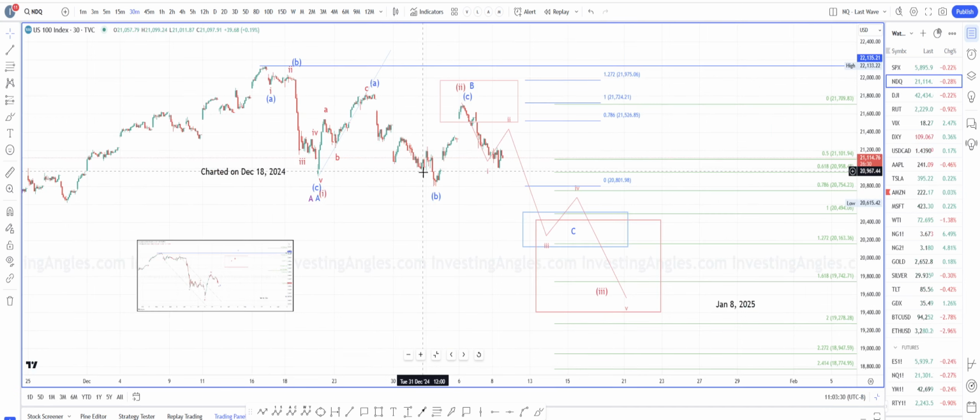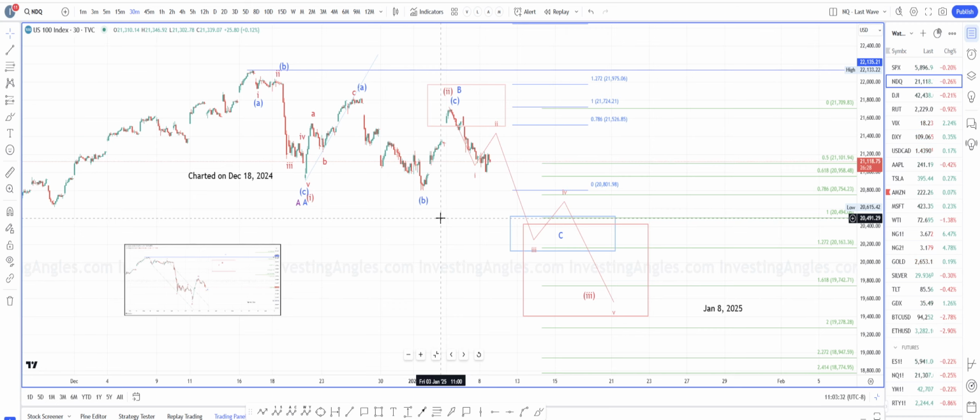Speaking about the Elliott Wave perspective, this is our chart that we've been tracking for a while, and right now the chances for a move down are fairly high. We are tracking two particular targets, the blue one and the red one.